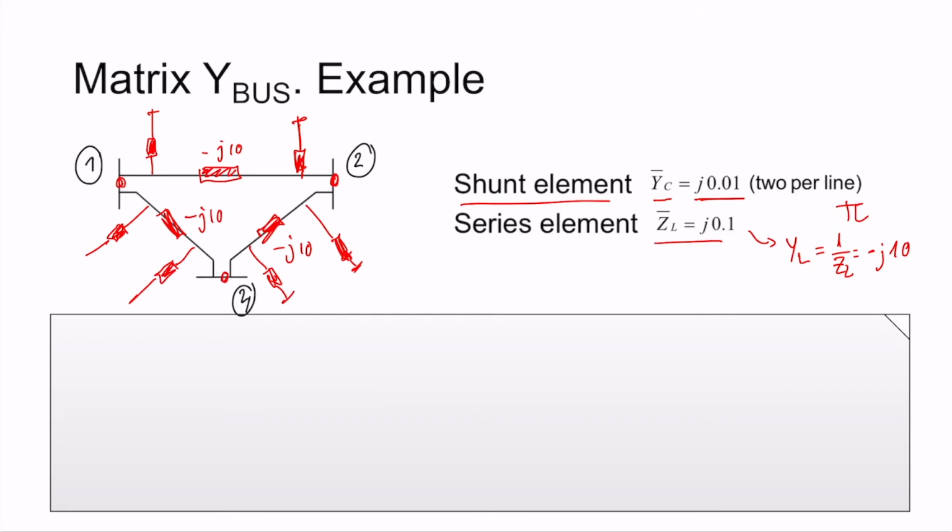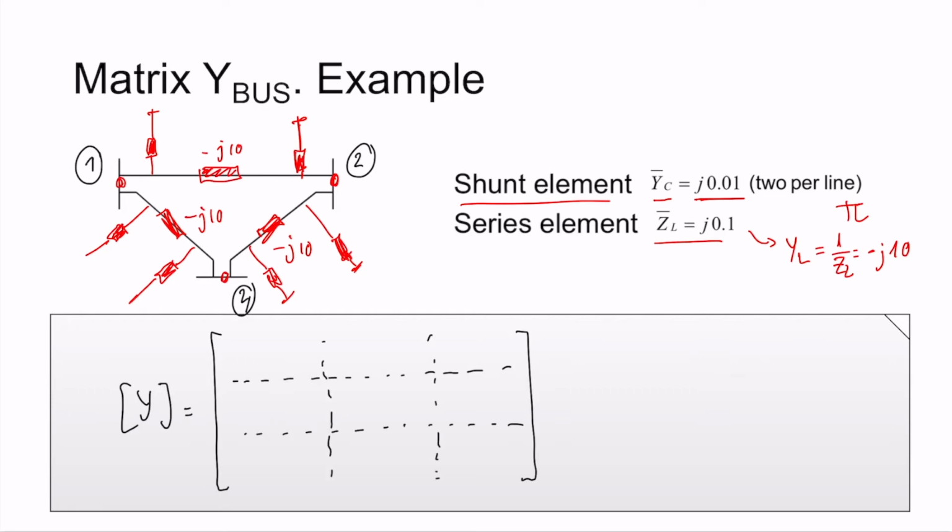Okay, now I'm ready to build the Y matrix. This Y matrix is equal to, let me start with the shunt element. I will divide the matrix like this. I know the matrix is 3 times 3 because I have 3 nodes. And then I can start to complete the diagonal elements. Let me start with the element connecting node 1 to node 2. It is this line. This is minus the value of the admittance, so it is j10.